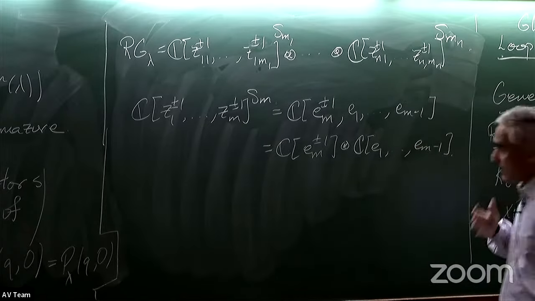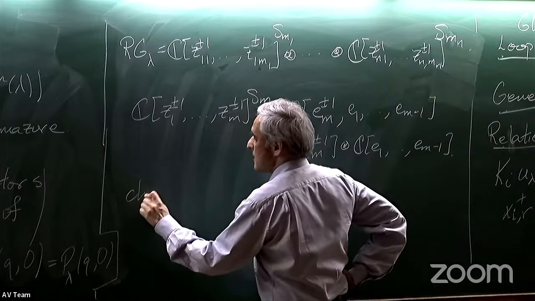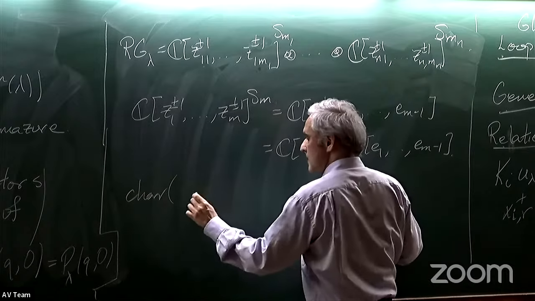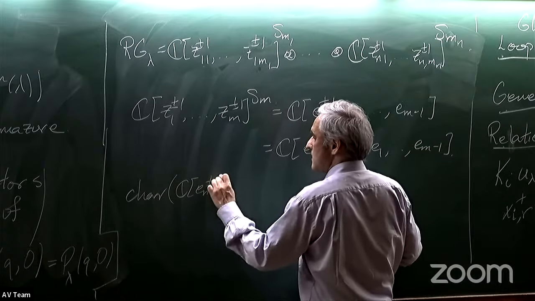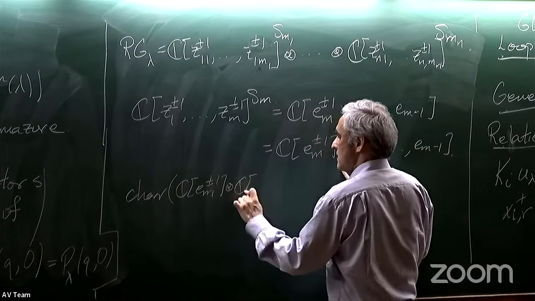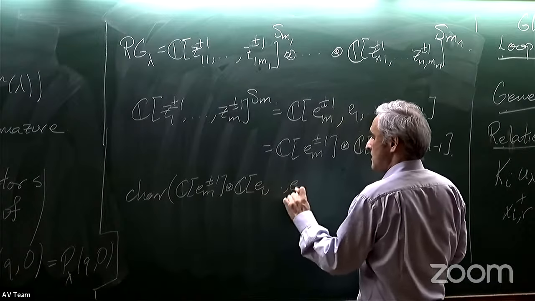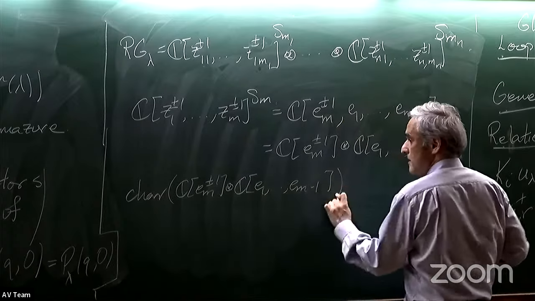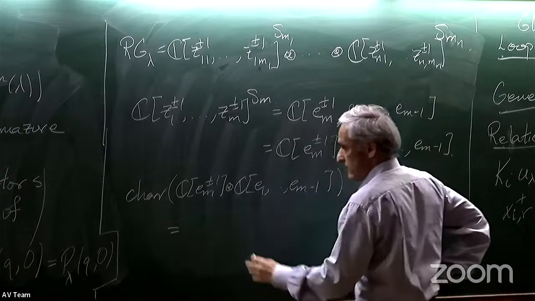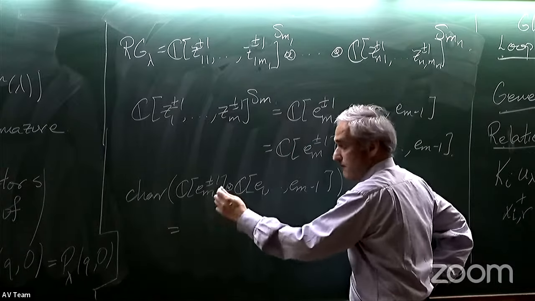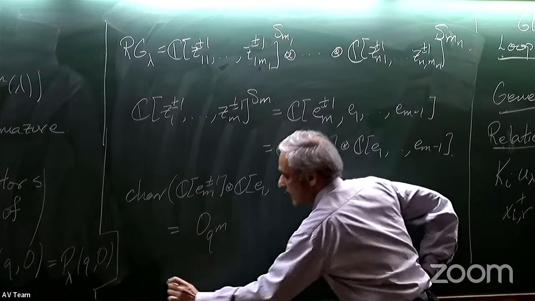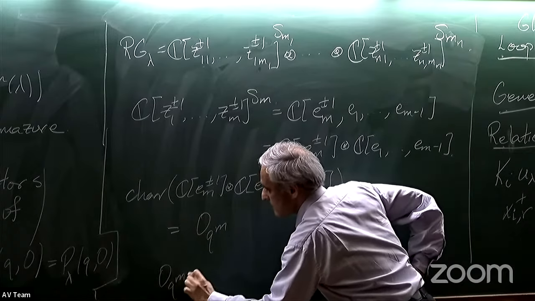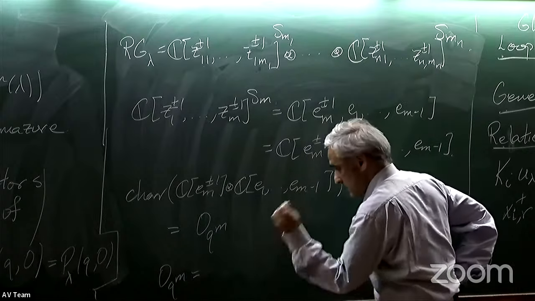So what is the character of this object? Well, you can see that this forms what I call a Z. So this is delta q to the m, which was a delta function in Unstock.